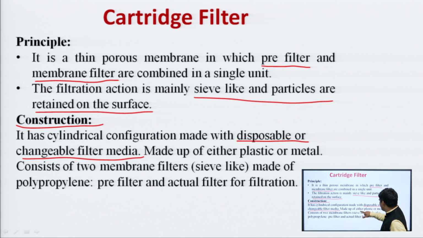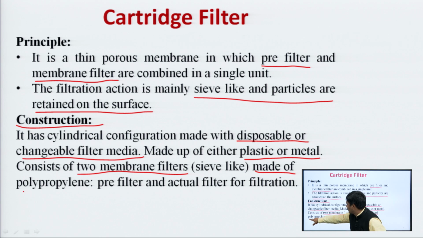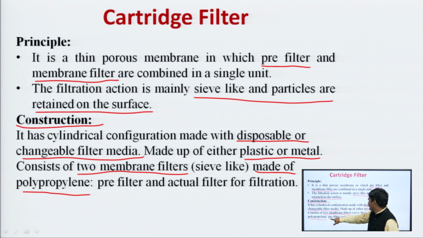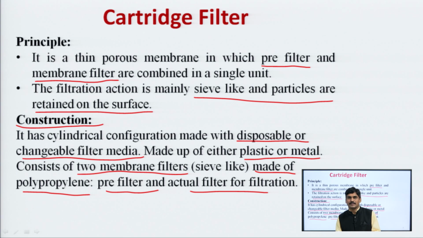It is made up of either plastic or metal, and the filter consists of two membrane filters made up of polypropylene, that is, a pre-filter and the actual filter for filtration.